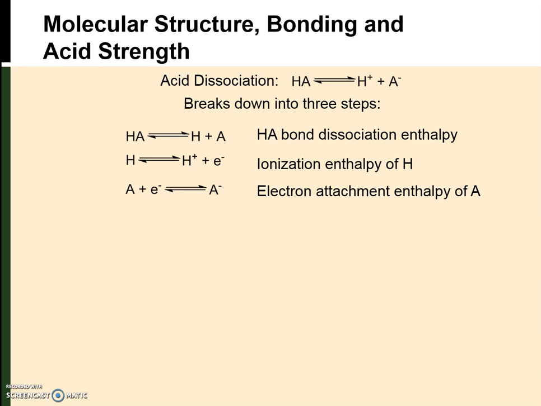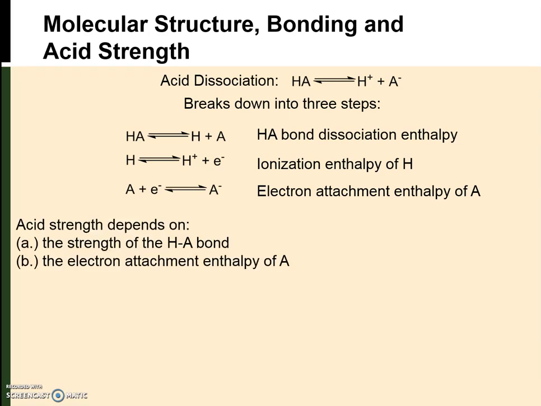Now, when we look at these three steps, step 2, where we're ionizing a hydrogen atom to form a proton and electron, occurs for every acid, and it's going to have the same value for every acid, and so essentially we can ignore this second step when we're taking into account the enthalpy changes related to acid dissociation. So acid strength is going to end up depending on two things: the strength of the HA bond, so the bond dissociation enthalpy, and the electron attachment enthalpy of A, so that's related to the electron affinity of A.